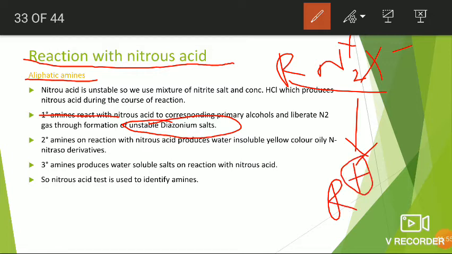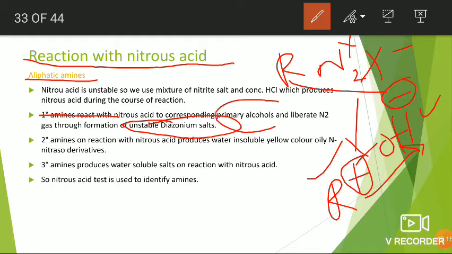This carbonium ion undergoes reaction with the nucleophile present in the reaction mixture. Here the nucleophile in this reaction is OH minus. So on reaction of the carbonium ion with hydroxide ion, we get the corresponding primary alcohol on liberation of N2 gas.